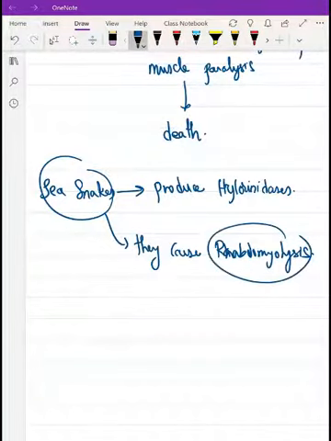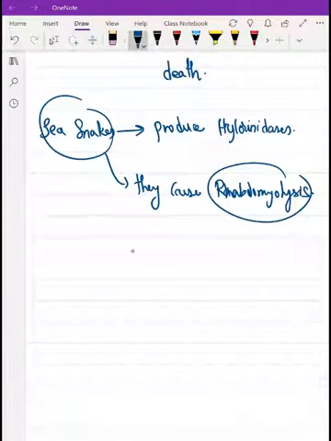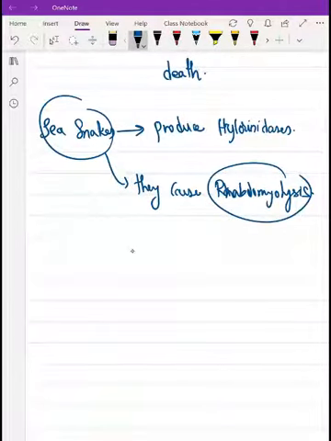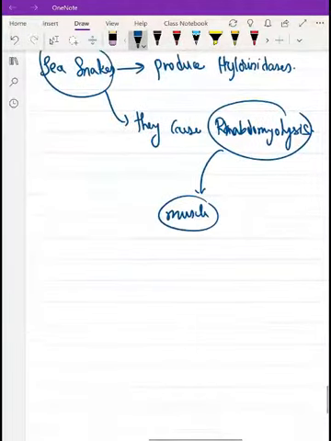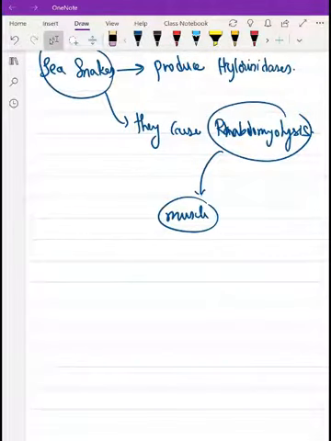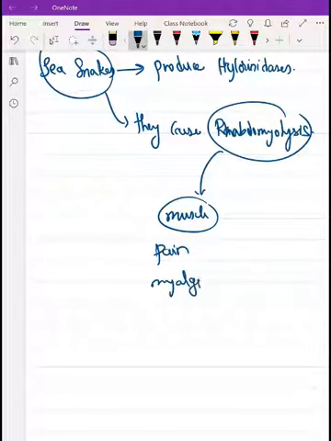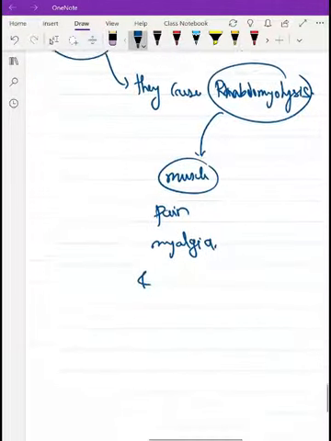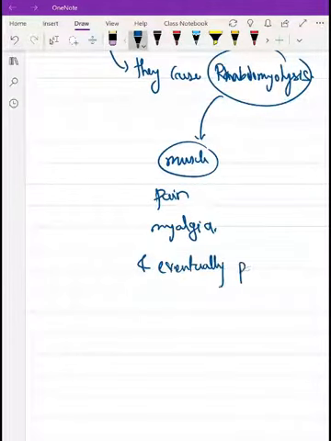Means these enzymes penetrate the connective tissue, that is muscles, and they cause rhabdomyolysis. Rhabdomyolysis means breakdown of muscle. As muscle has high blood supply and nerve supply, its injury causes pain, myalgia, and eventually paralysis of the muscle.